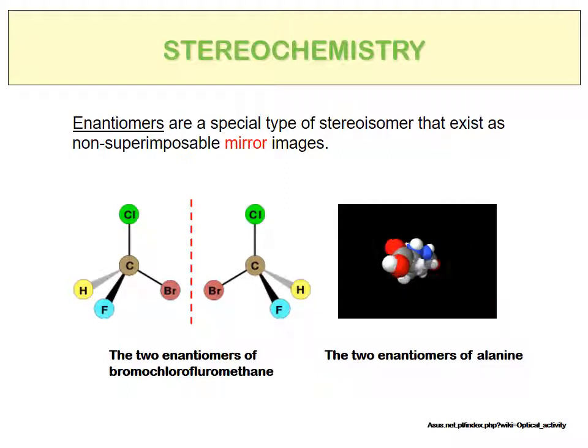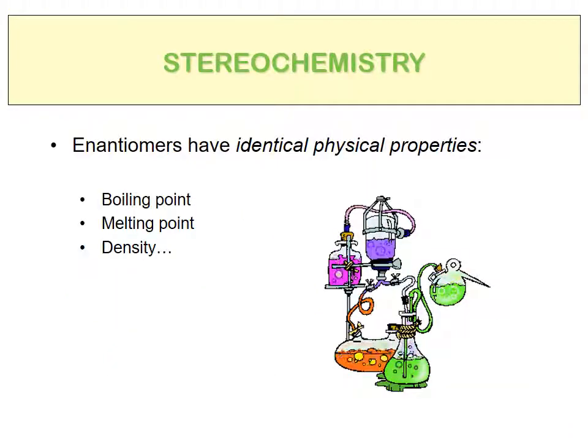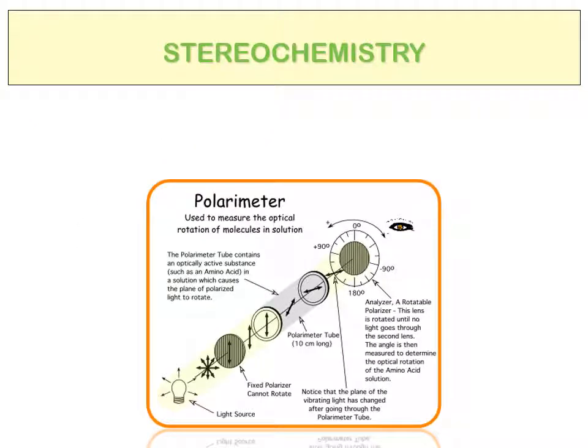So enantiomers, which are stereoisomers that have a chiral carbon, have identical physical properties like boiling point, melting point, and density, but they don't necessarily have the same physiologic effect. Sometimes they do, but not always. Now, how are they identified? There are two ways.